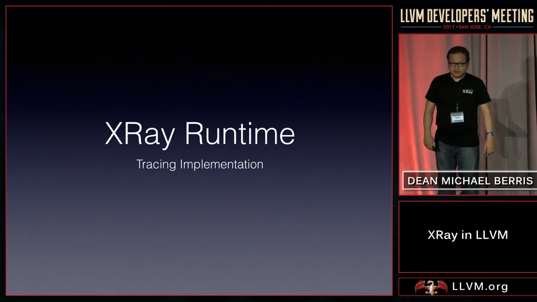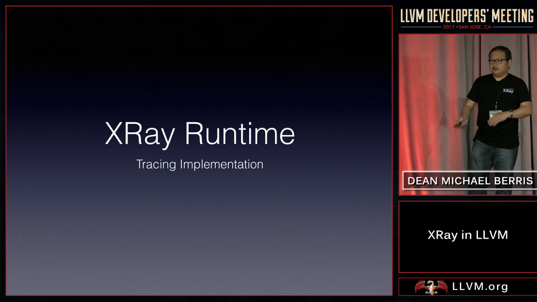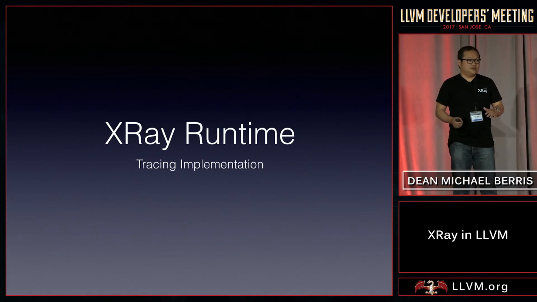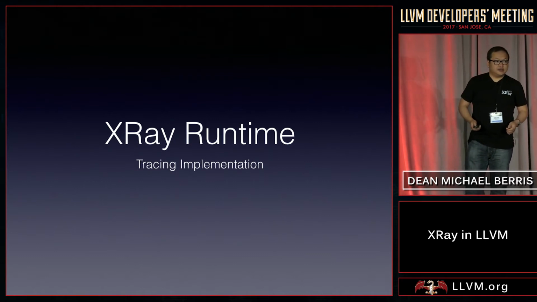Cool. So we talked about the framework, so you can install your handlers, and the patching and unpatching are done for you in the LLVM compiler RT aspect of X-ray.